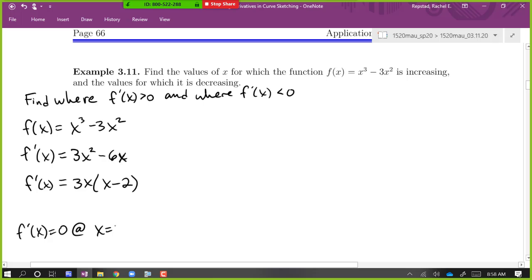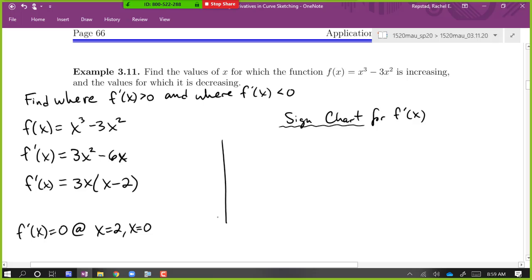And what else? 0, yeah, because we have a factor of x. Okay, now we have everything we need to make a sign chart. We're making a sign chart for the derivative, for f prime of x.